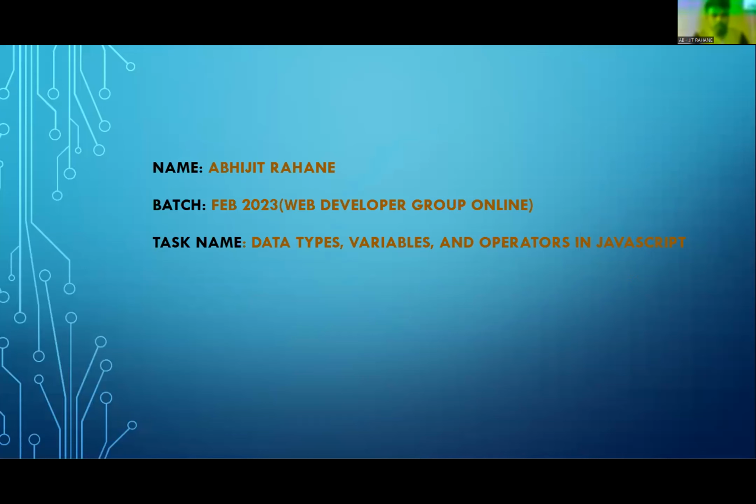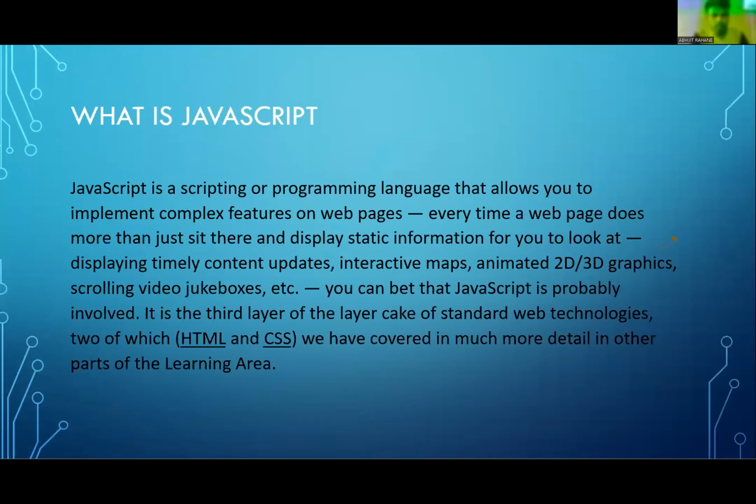Data types, variables, and operators in JavaScript. Let's start. First of all, JavaScript is a scripting or programming language that allows you to implement complex features on web pages.